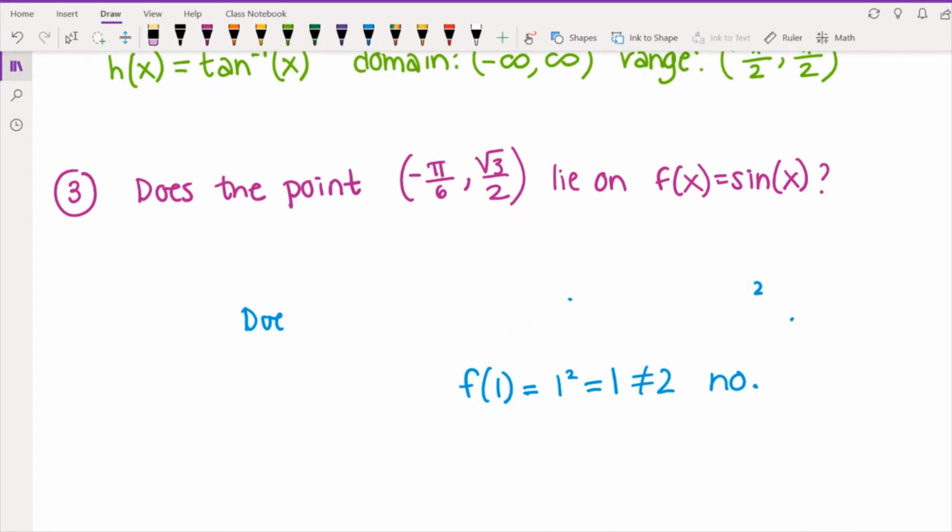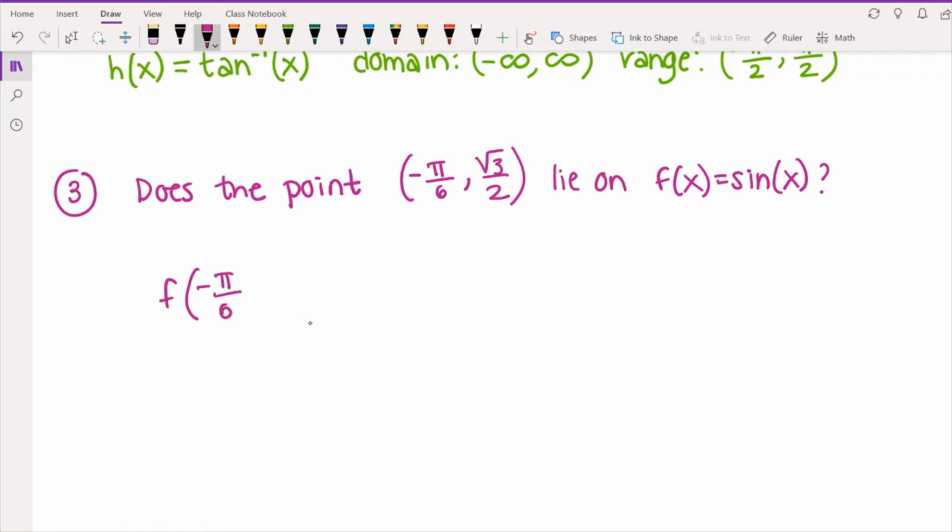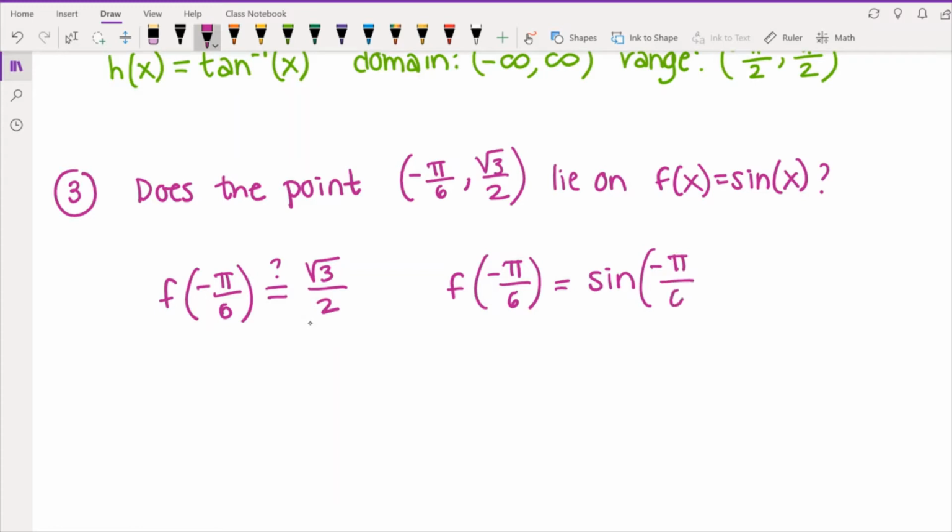So in this case, what we need to check is, is it true that f of -π/6 equals √3/2? What is f of -π/6? It's equal to sine of -π/6.